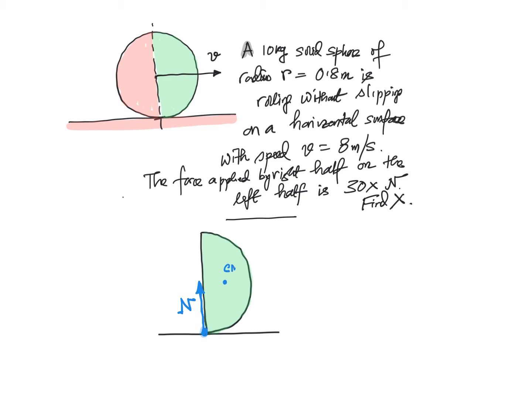This is the center of mass of the right part. So what is the distance of the center of mass? This distance happens to be 3r by 8, right? So this distance happens to be 3r by 8.